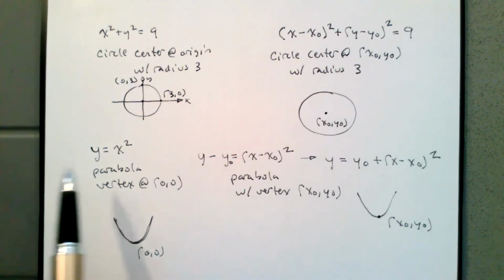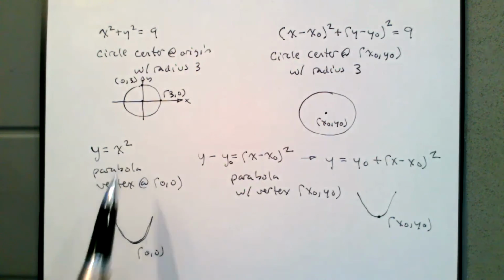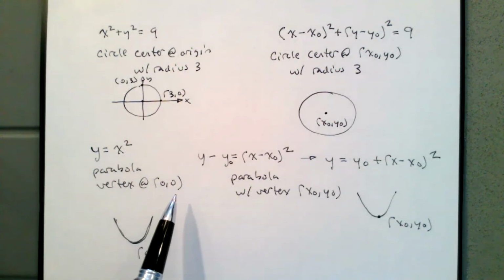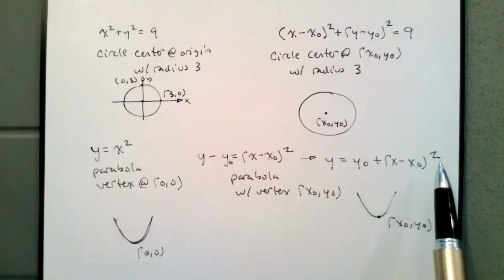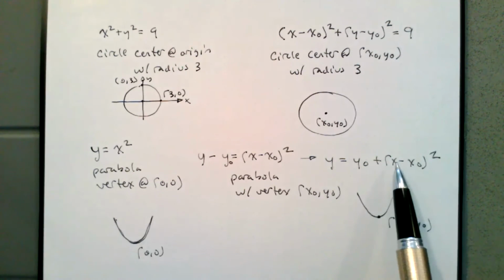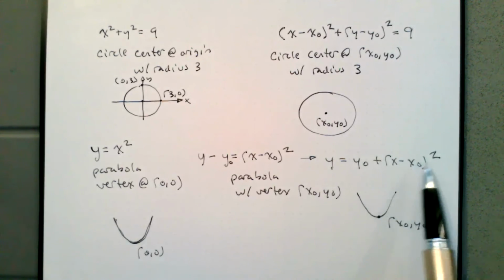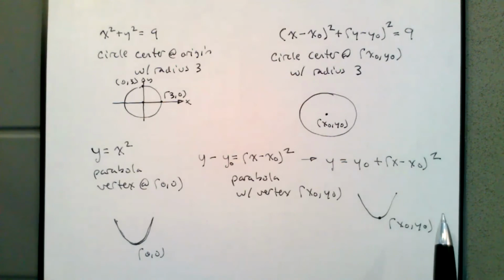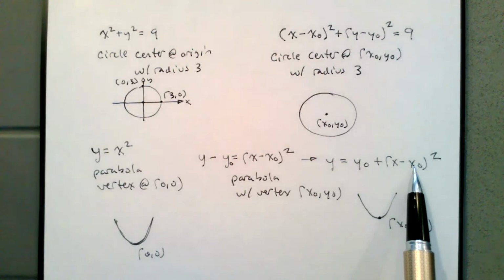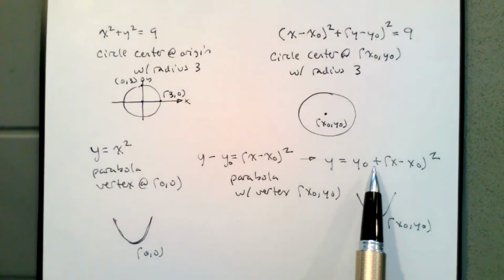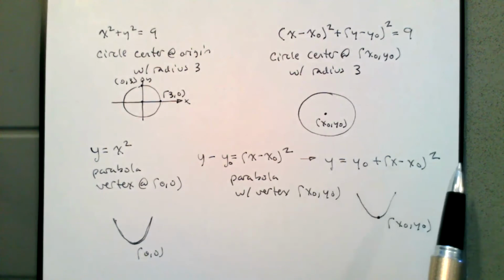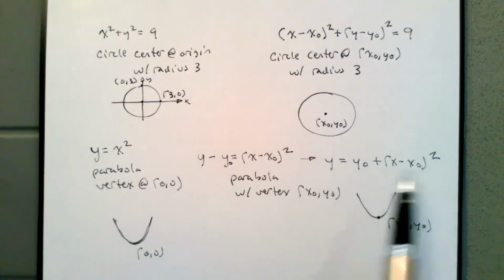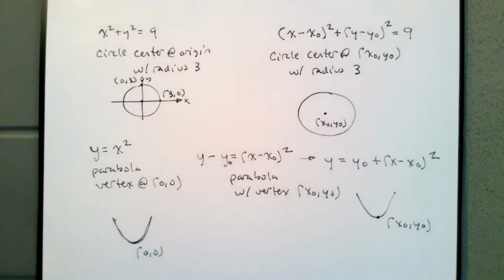So if we start off with our parabola with a vertex at 0, 0, and I trade my x for x minus x naught, I'm doing addition before the function happens. We take x minus x naught, then we raise to the second power. So that's going to be a horizontal shift. When we then add y naught afterwards, this plus y naught happens after the square, so that's going to produce a vertical shift.